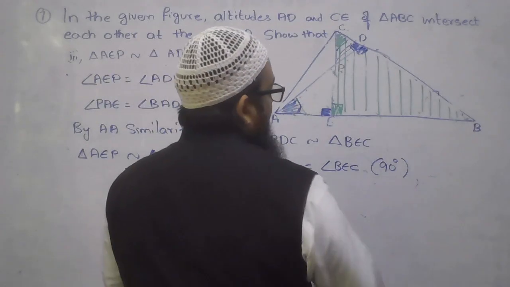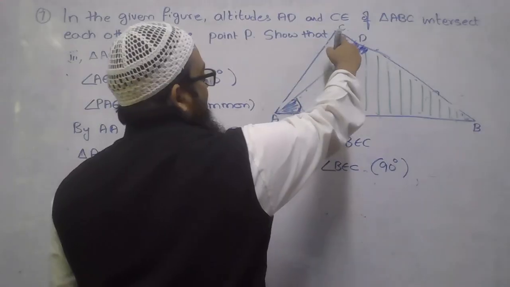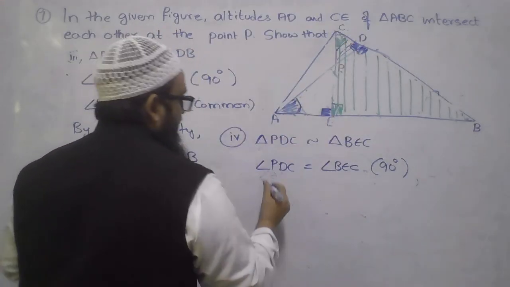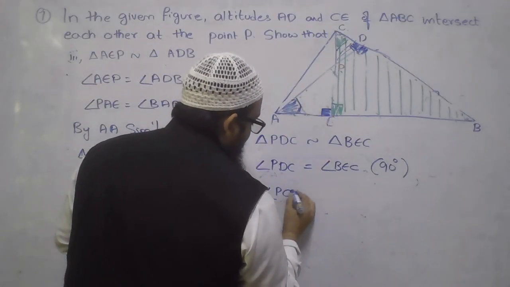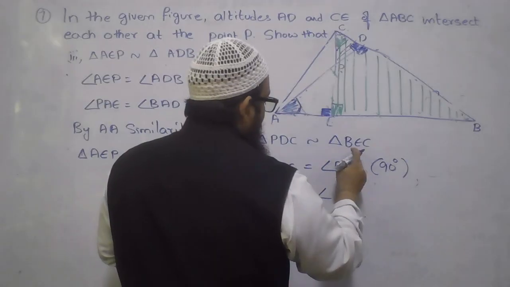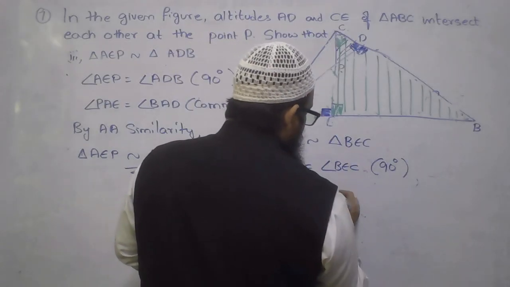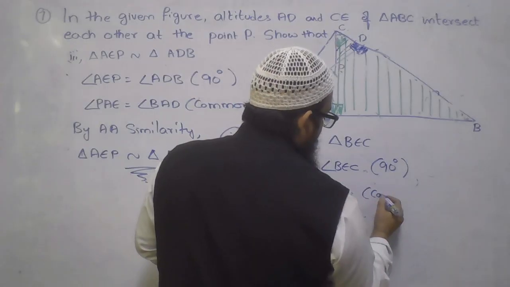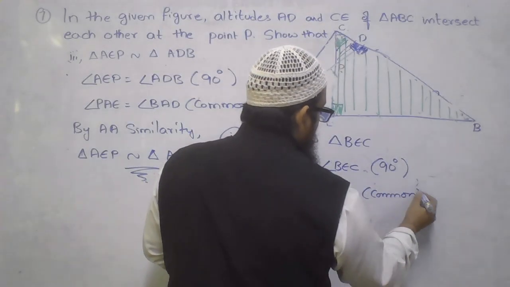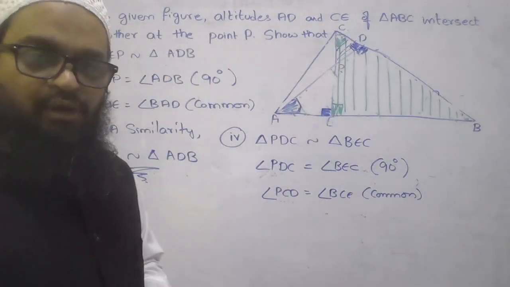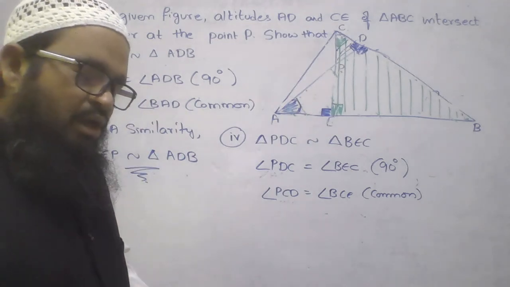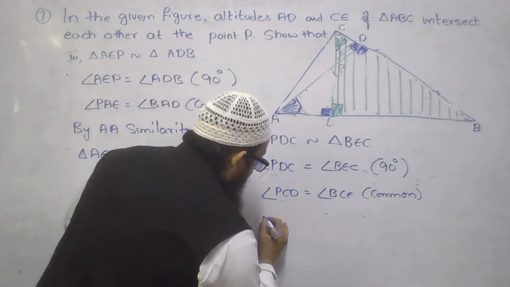And the other one which is common: green and blue intersect at C, so angle ECD is equal to angle BCE. So they are common. These two angles are equal. Therefore, since I got two angles equal, what do you say?